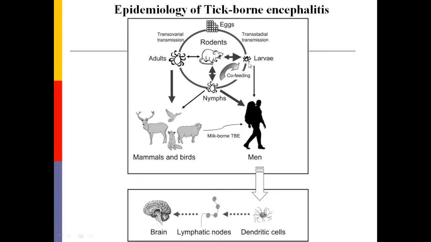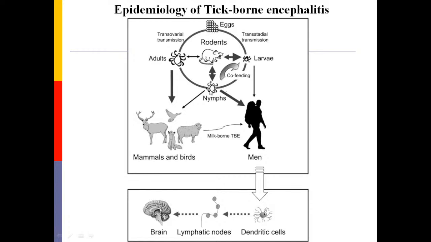Then larvae become nymphs, and larvae mostly bite small mammals, rodents, because larvae are small. They live on the surface of ground. They're unable to bite large animals. So they bite rodents. So the source of tick-borne encephalitis may be rodents.